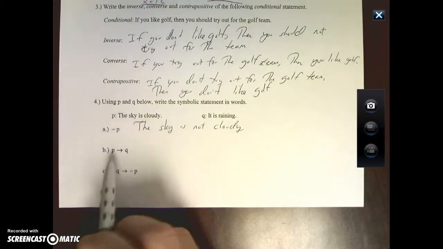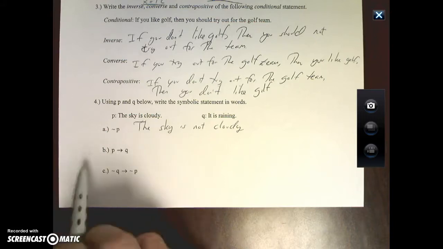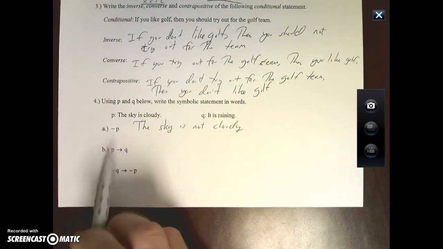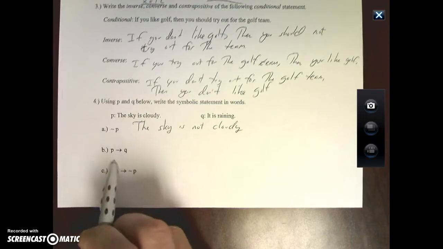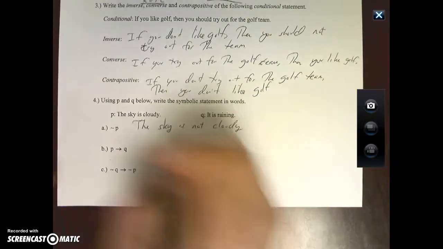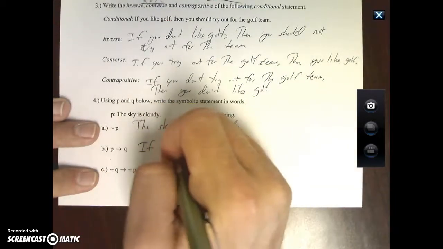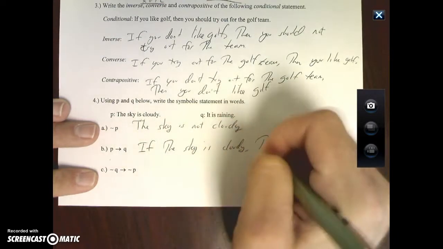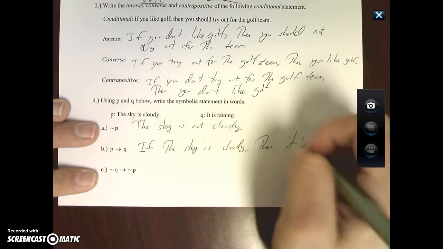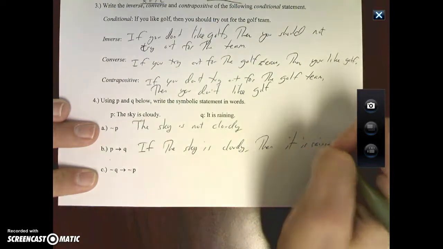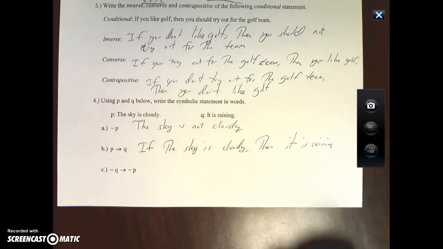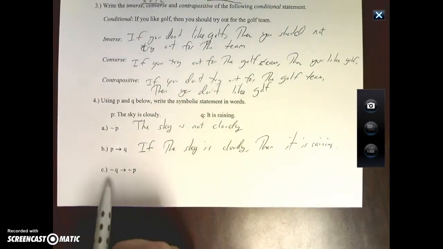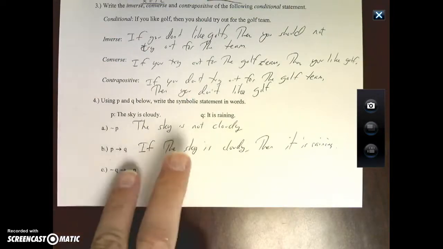Here, with the arrow, this is when we do if-then. If P, if the sky is cloudy, then it is raining. Okay? Wonderful. And lastly, it's the same thing. We're flipping this now.